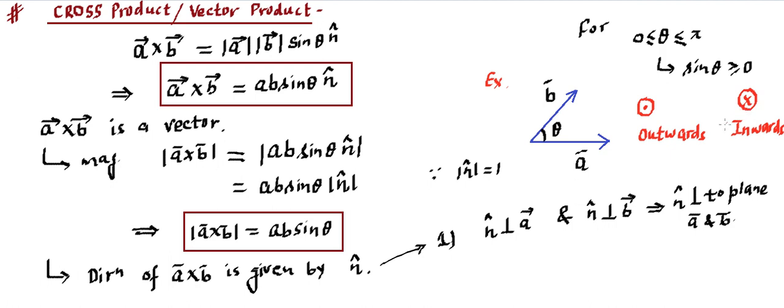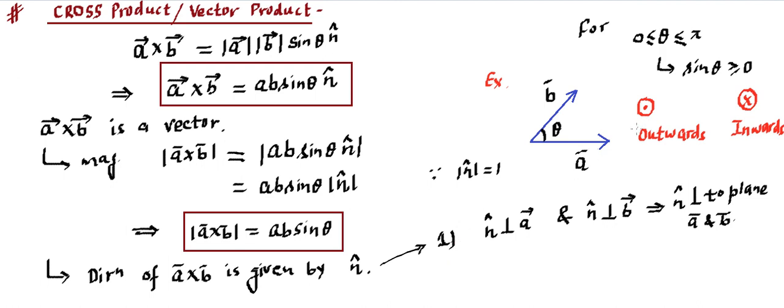Making sense? So that means this A cross B direction, or N cap direction, in this particular case will be given either by this outward direction or by the inward direction. So this first point lets us know there are two options available for the direction.